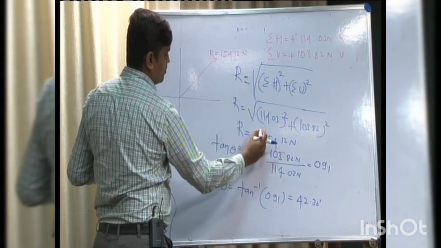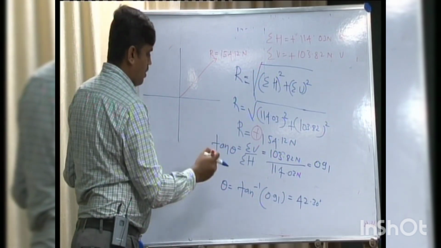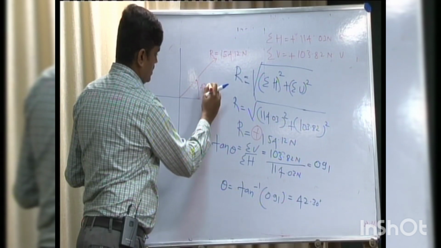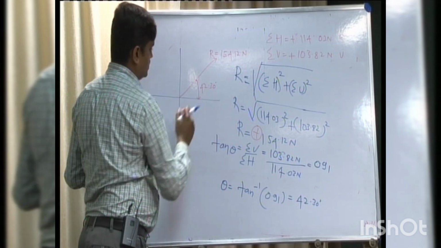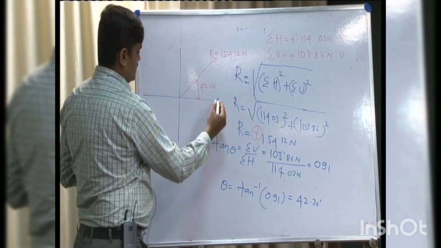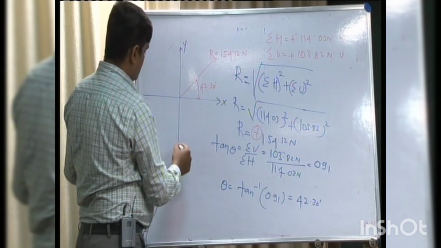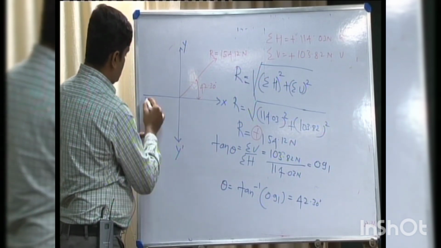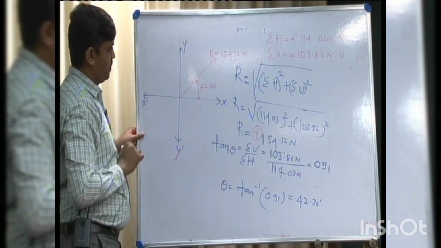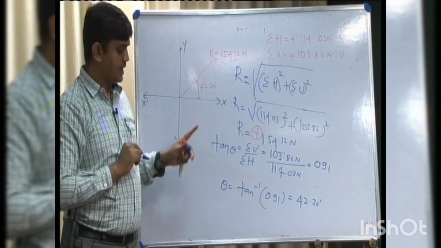It is positive, with the angle of 42.3 degree, and it is x, y, y dash and x dash. So we have completed the second problem.